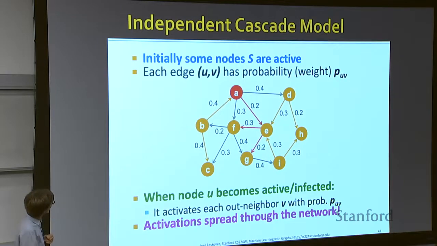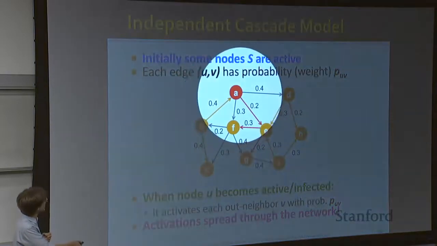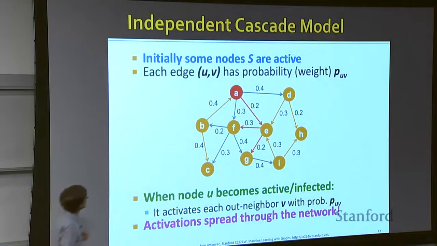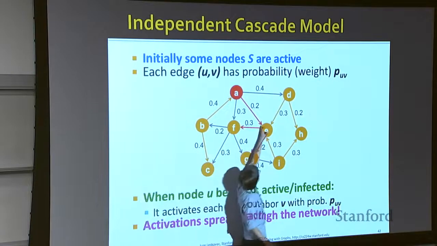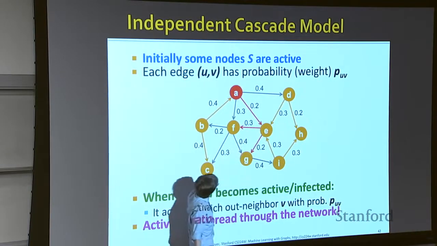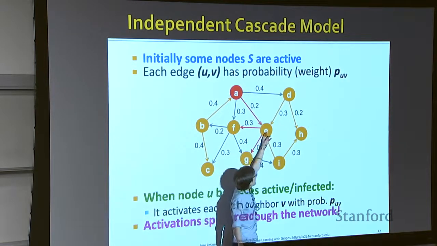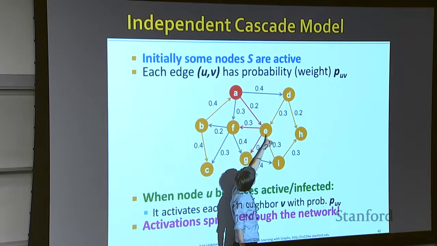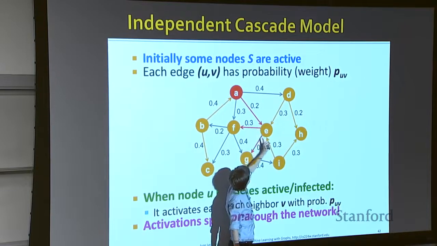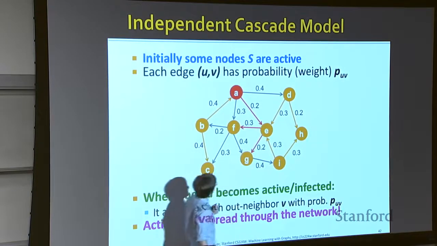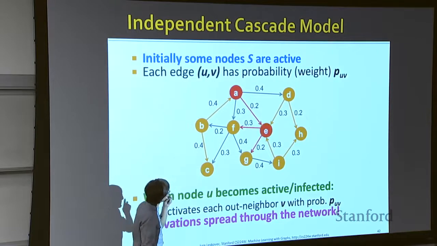So the idea is that I have some patient 0 here, and then I would go and flip these 3 biased coins, and let's assume that one of these coins comes up heads, so that the infection spreads here. Now I have this guy, and this guy now flips 2 coins independently, each one with a different bias, right?